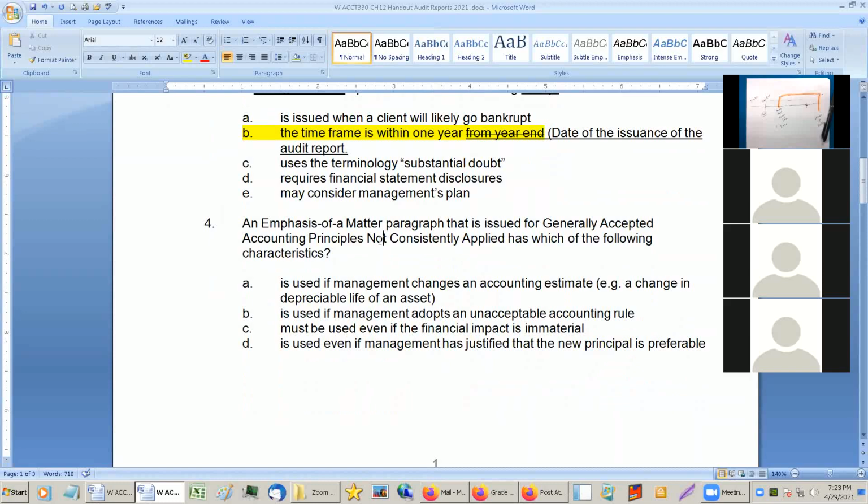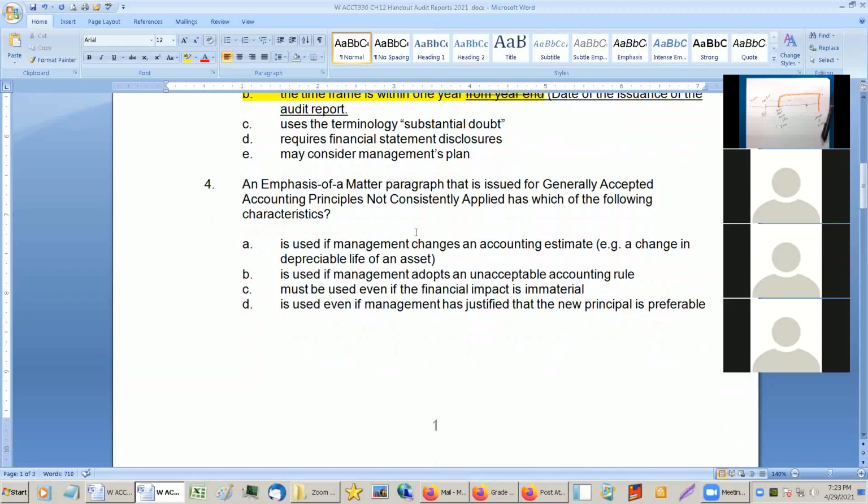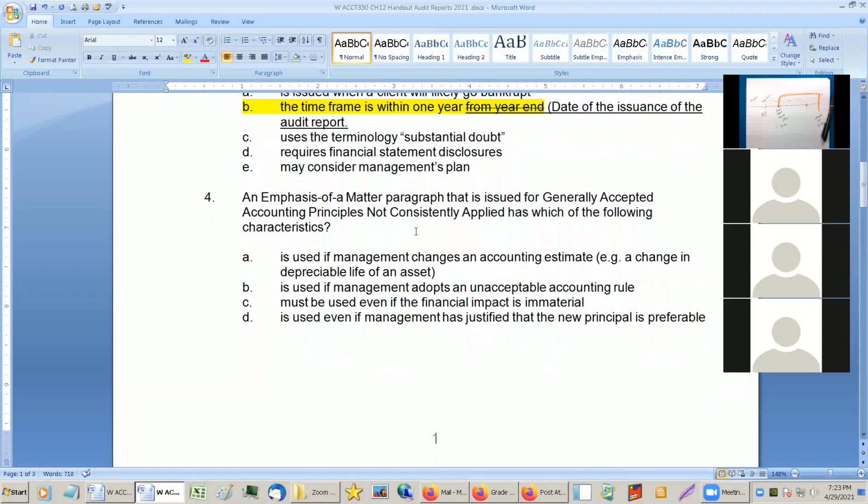Okay, emphasis of a matter for generally accepted accounting principles not consistently applied. So for example, now this is only for GAAP to GAAP.